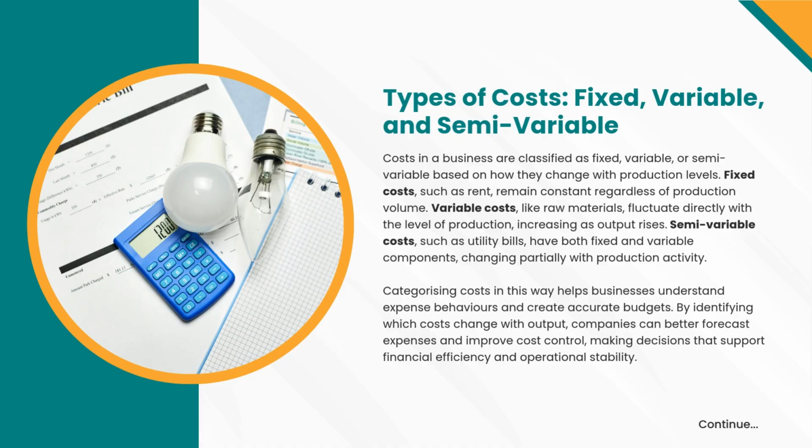Semi-variable costs, such as utility bills, have both fixed and variable components, changing partially with production activity. Categorizing costs in this way helps businesses understand expense behaviors and create accurate budgets. By identifying which costs change with output, companies can better forecast expenses and improve cost control, making decisions that support financial efficiency and operational stability.